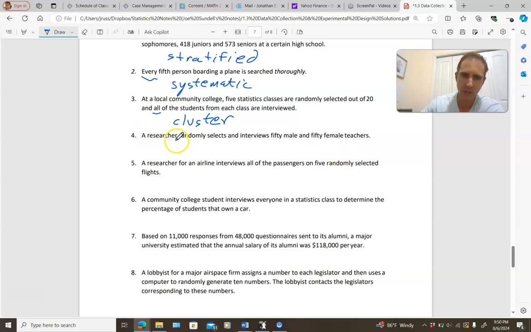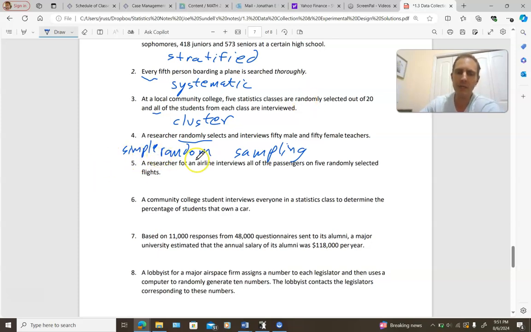Okay, well the word right here, randomly, that basically gives it away. Okay, this is a random sample. I'm going to go with simple random sampling, okay?